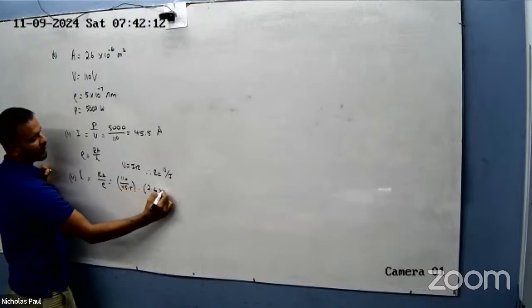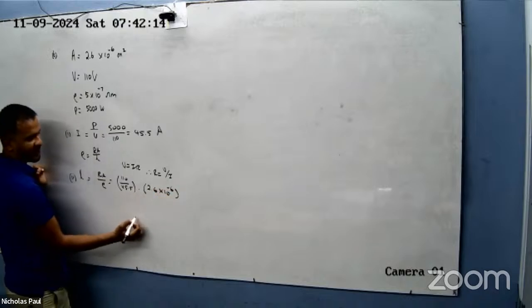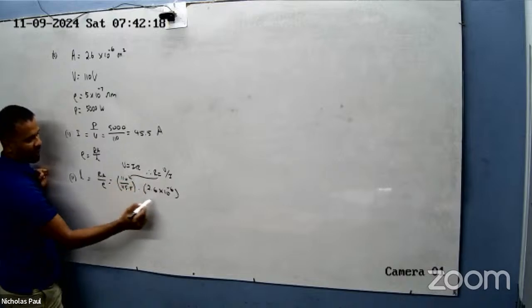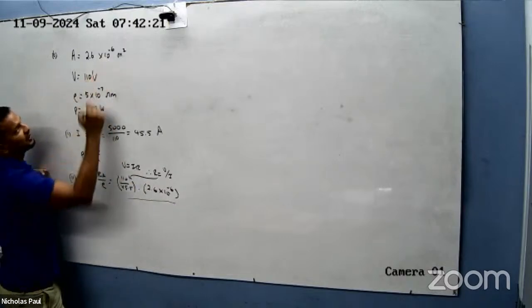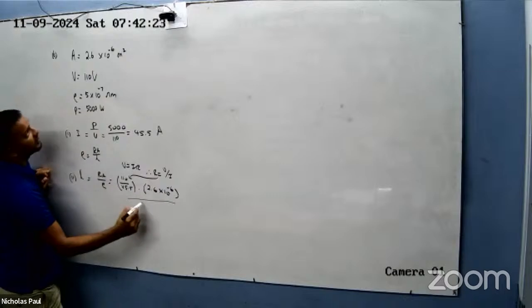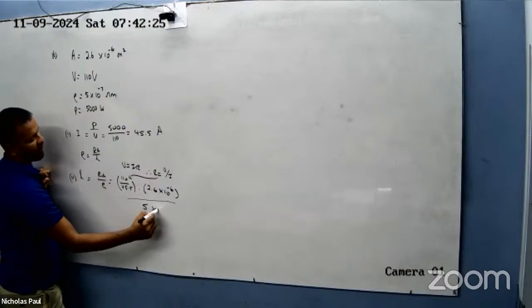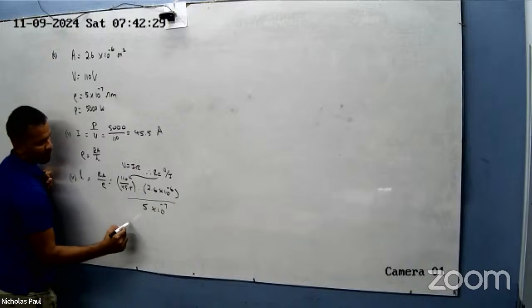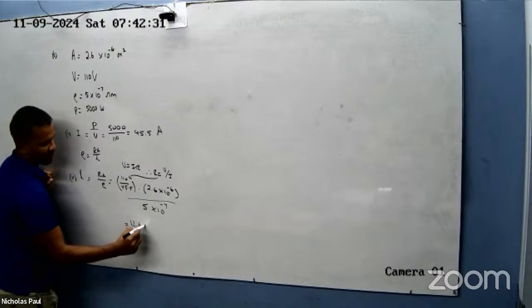Area is 2.6 by 10 to the minus 6. All over resistivity, which is 5 by 10 to the minus 7. About 12 meters. Okay, nice.